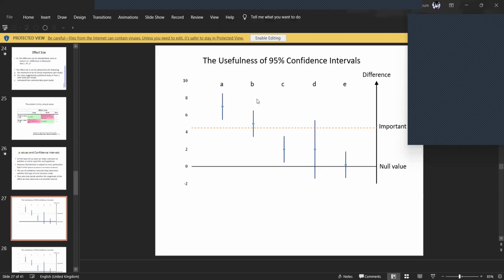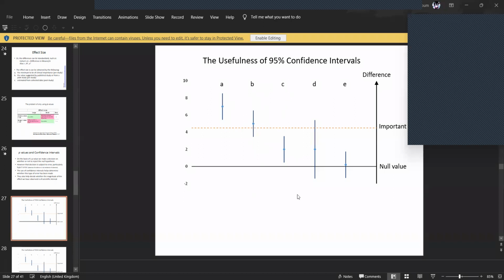All right, so for B, we have a confidence interval that isn't crossing the null value, but it is crossing the value of importance. Okay, so what we look at here is that it is statistically significant because it's not crossing the null value, but it might not be interesting because it's crossing the important line, or the effect magnitude line, but there's also part of it outside.